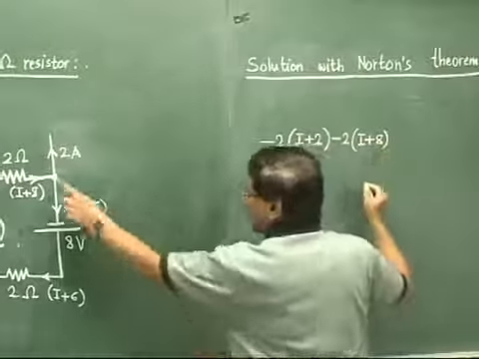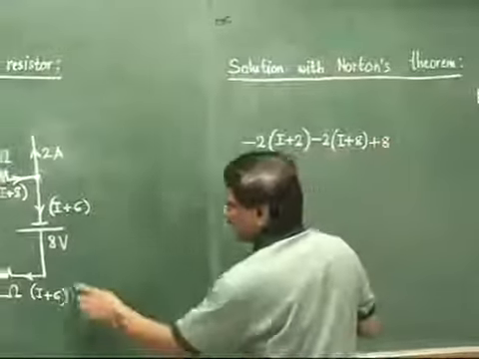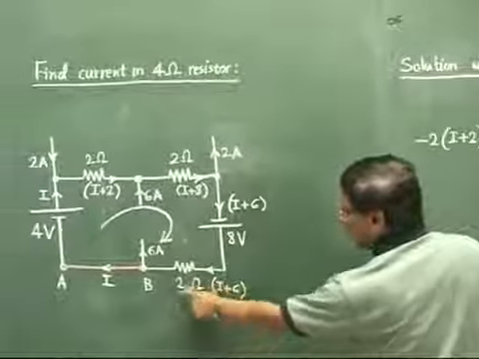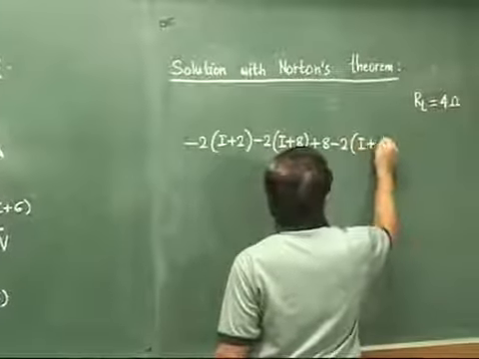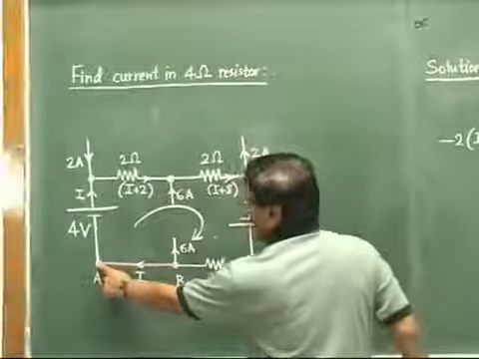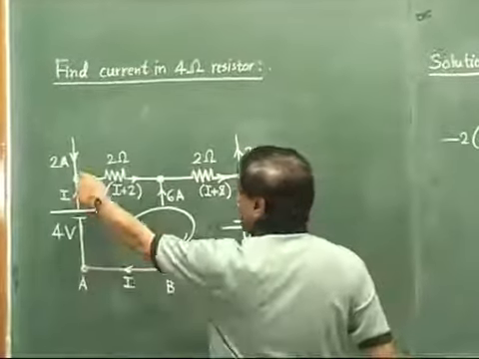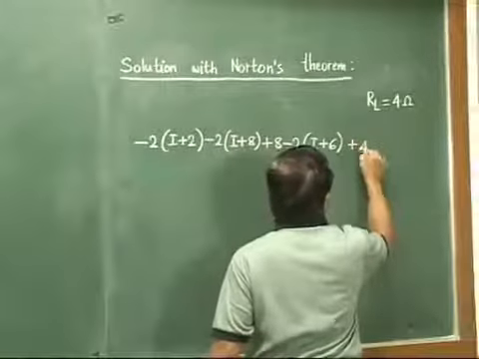So we have reached here. Then coming down will be plus 8. Then towards left it will be minus 2 times I plus 6. Then here no component, so no voltage rise or drop. And then coming back to the original point, it will be plus 4. So plus 4 must be equal to 0.